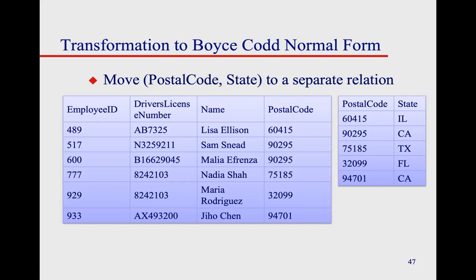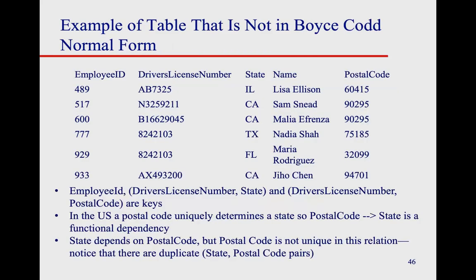Okay, so this gives you an example of Boyce-Codd normal form. Again, I won't hold you to it, but it gives you an example where this relation right here is in third normal form. So the only non-key attribute here is name. And it is fully functionally dependent on each of the three candidate keys. So we are in fact in generalized third normal form.